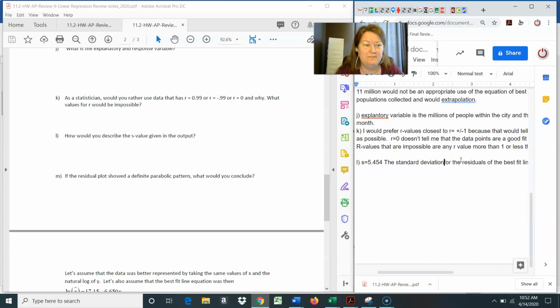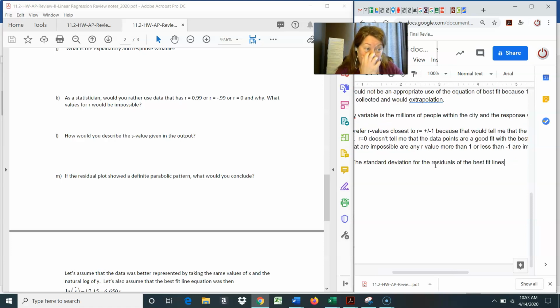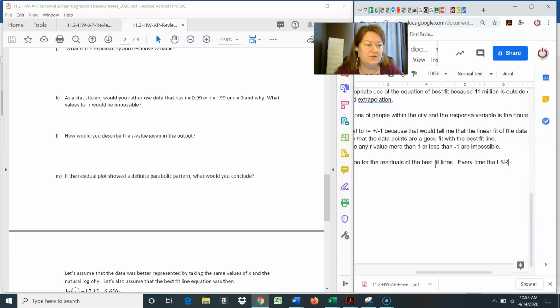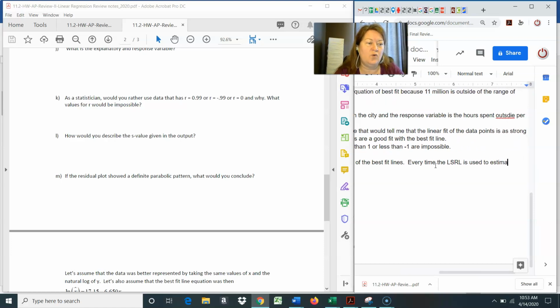Okay, so what does that mean? Because they still want you to describe it, right? So that means that every time the least squares regression line is used to estimate a Y, so what was Y standing for? Y was the hours outside.